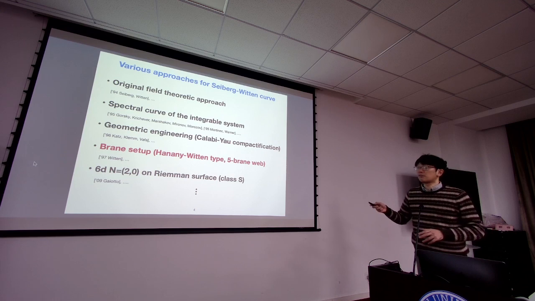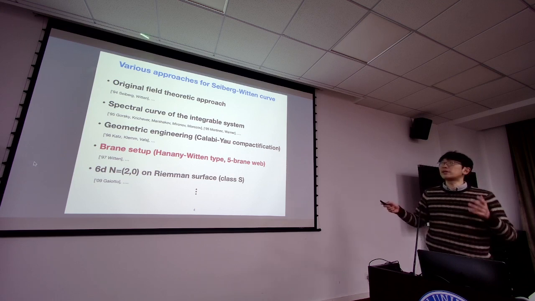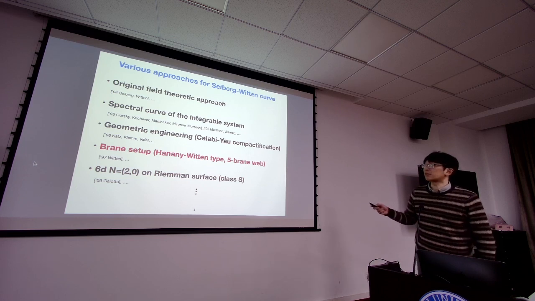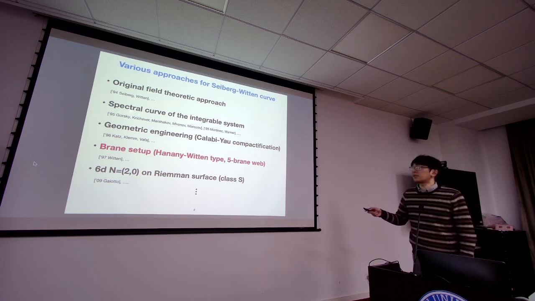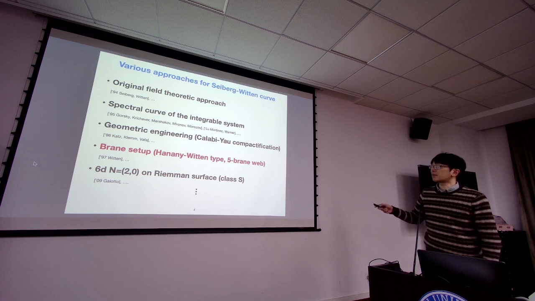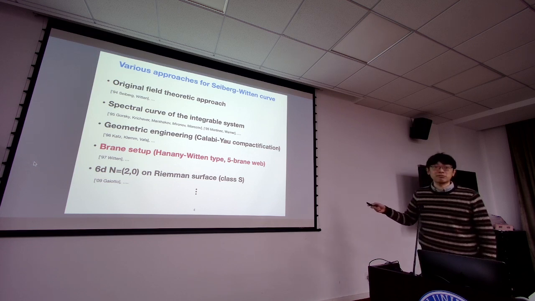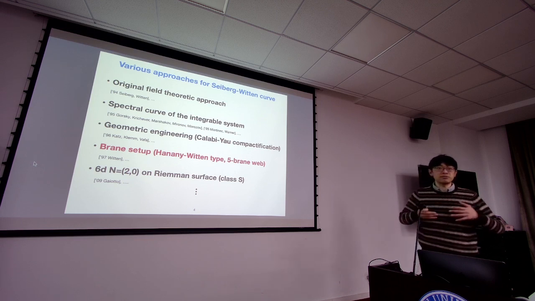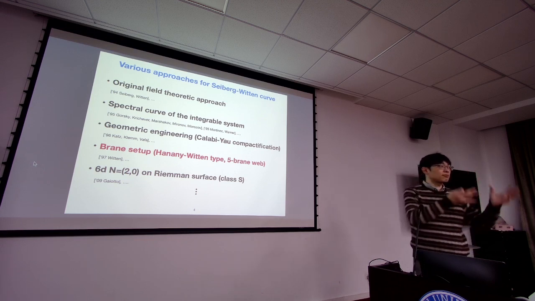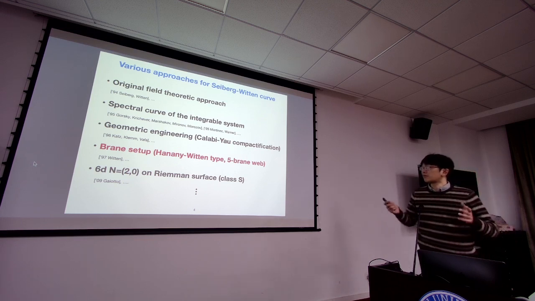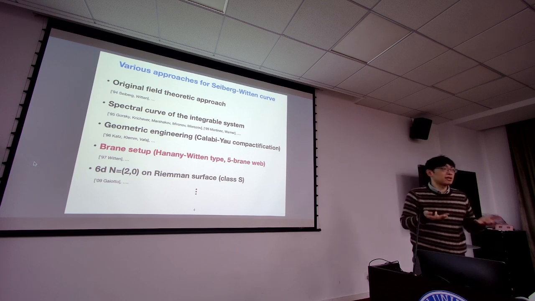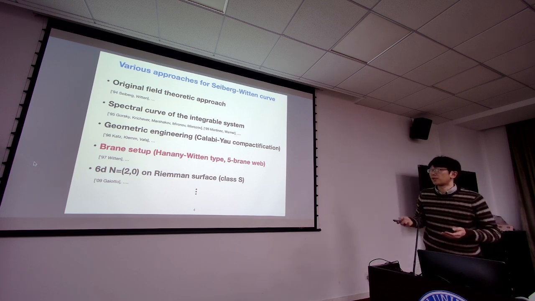This is the original one, but there are various other approaches to find the Seiberg-Witten curve. For example, there is a study relating the Seiberg-Witten curve with the spectral curve of an integrable system, or something called geometric engineering, which embeds the setup into string theory, using Calabi-Yau compactification and mirror symmetry to obtain the Seiberg-Witten curve.